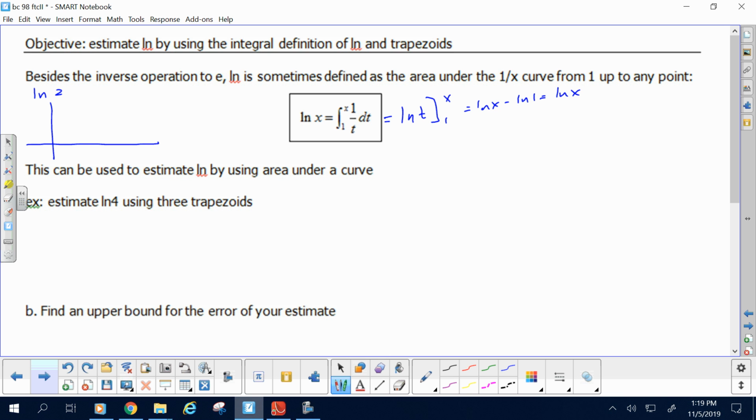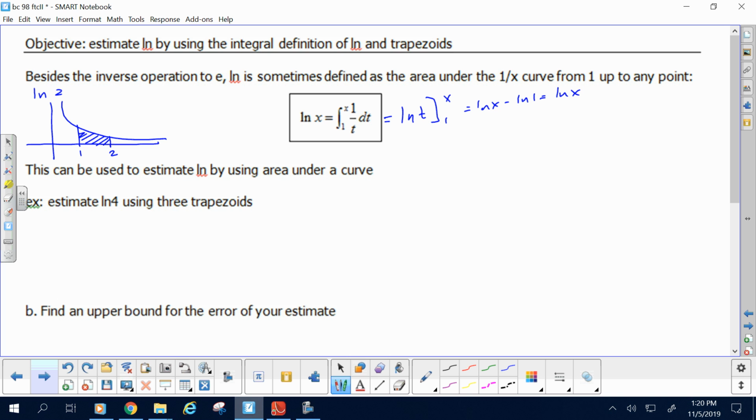When I say natural log of 2, instead of thinking, all right, e to what power would be 2? Well, 2.7 has to be a little less than that. Instead of all this, e to what power is this number, like you normally would think, you now think of natural log of 2 as the area under this curve from 1 to 2.